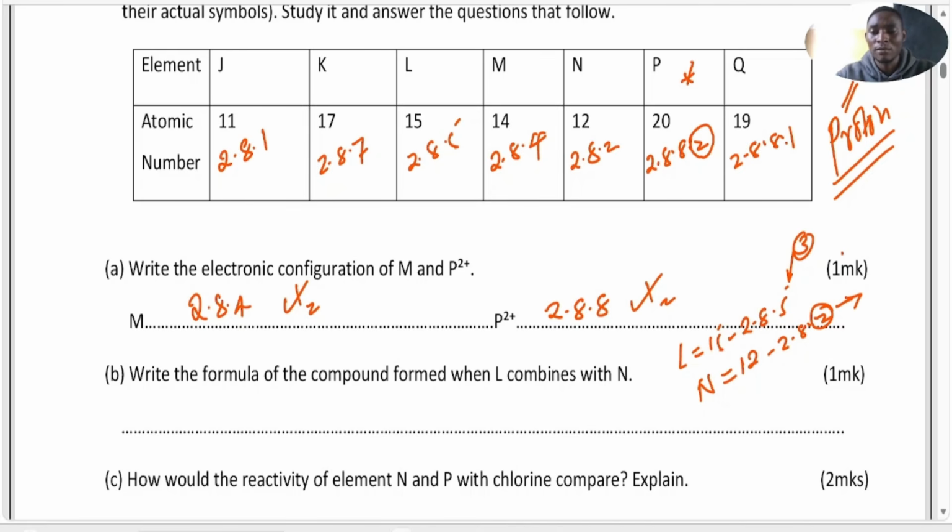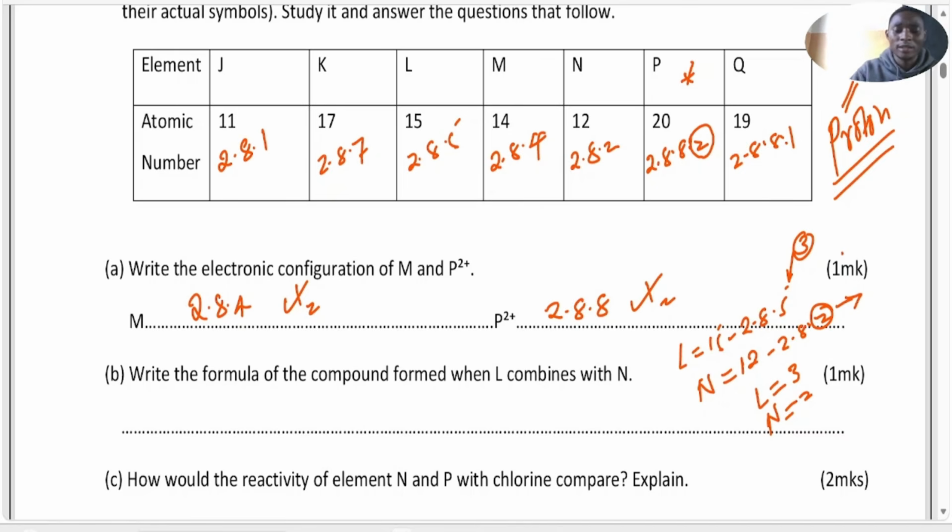So this means that the valence of L is 3 and the valence of N is 2. On the rules of writing formulas, we need to understand that N is a metal and L is a non-metal.